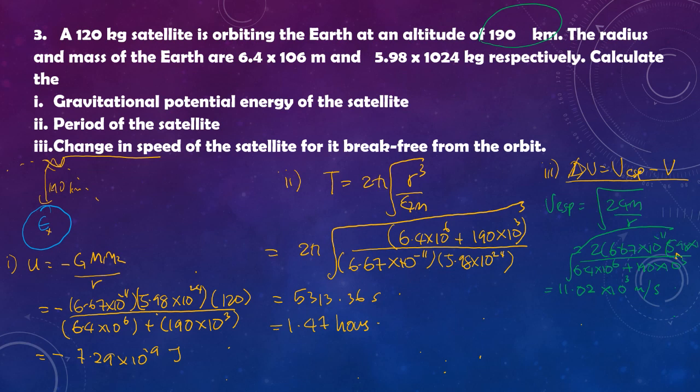And then for the speed of the satellite, the formula is the square root of GM over r.